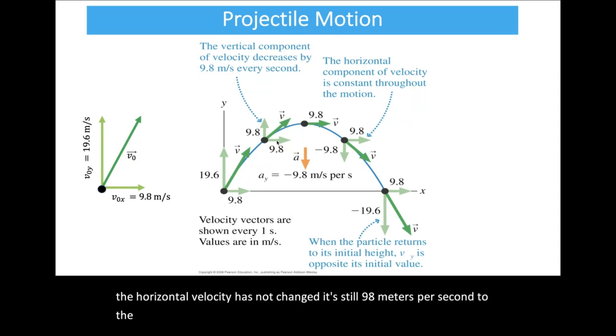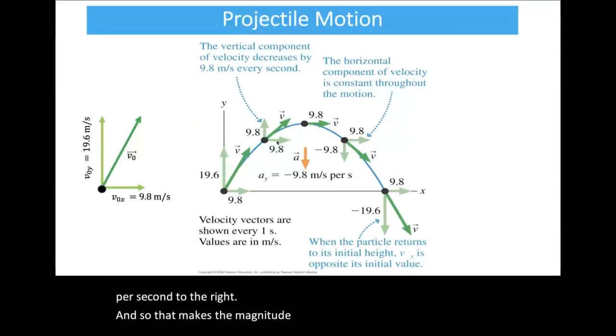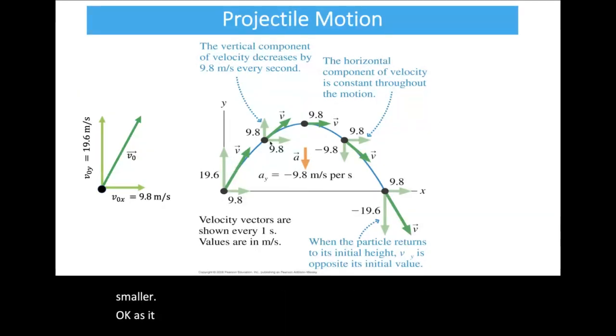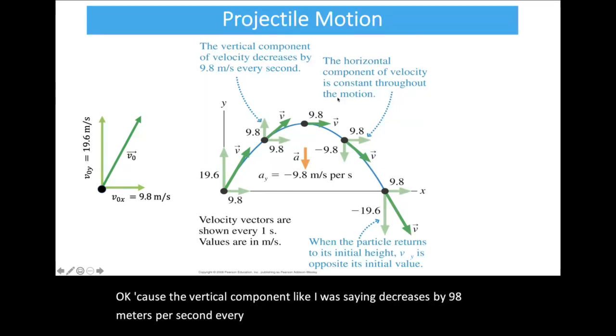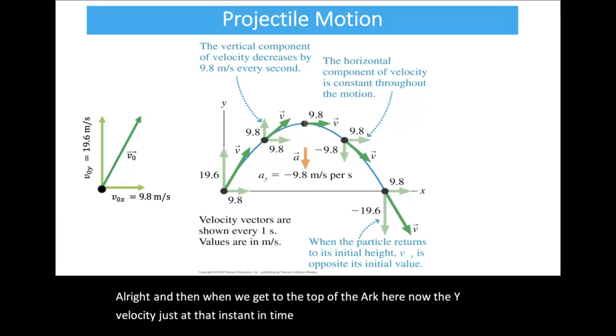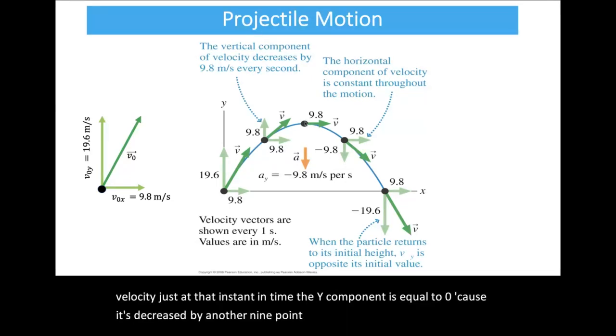And so that makes the magnitude of the total velocity vector smaller as it goes up, because the vertical component, like I was saying, decreases by 9.8 meters per second every second. Then when we get to the top of the arc, just at that instant in time, the y component is equal to 0, because it's decreased by another 9.8 meters per second.